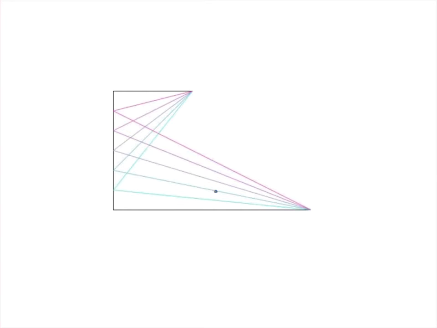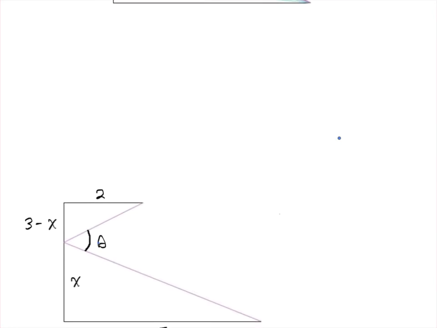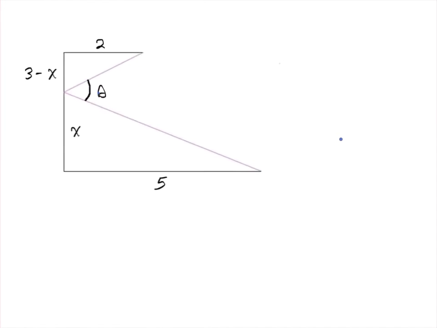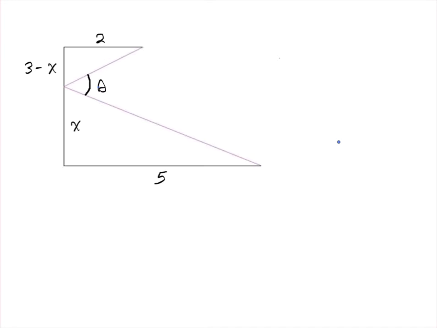So here is a picture of different locations where P can be. Some places have a bigger angle, some places a lower angle, and there are infinitely many points to choose from, but only one of them is where the maximum angle occurs. So let's look at this problem with placing our variables in.